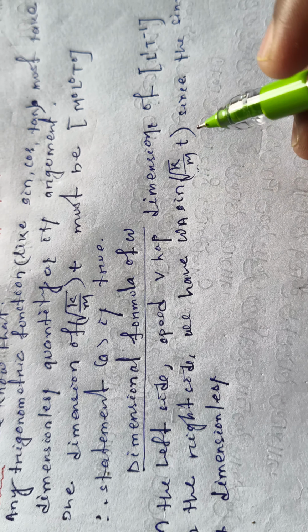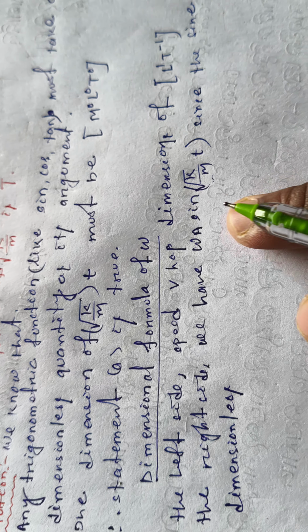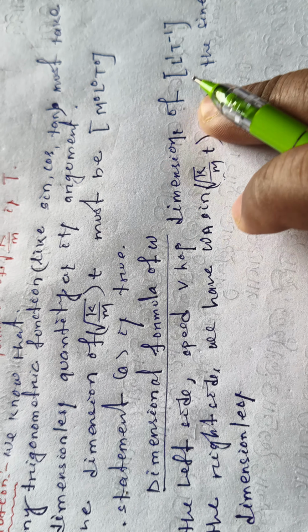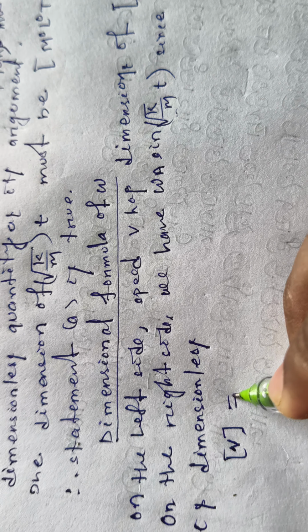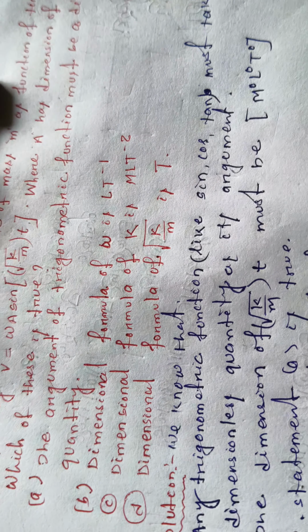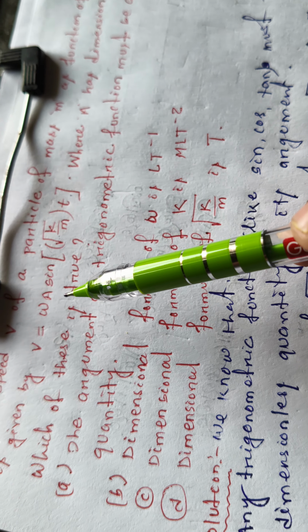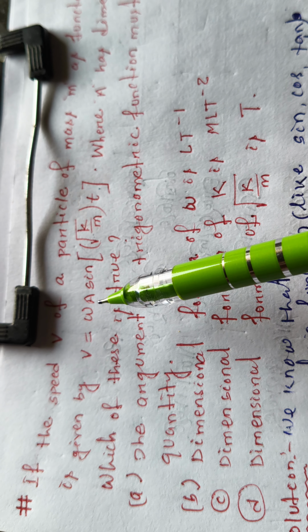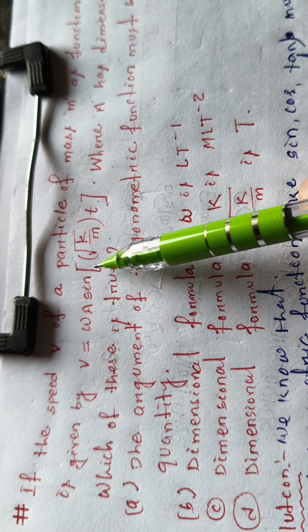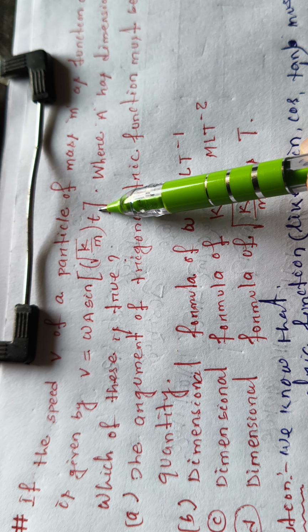That is, this part is a dimensionless quantity with no dimension. So the dimension of velocity in this equation, and root over k by m t is a dimensionless quantity.